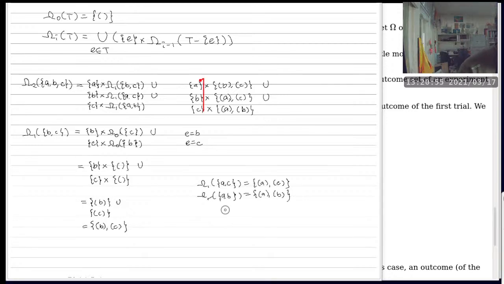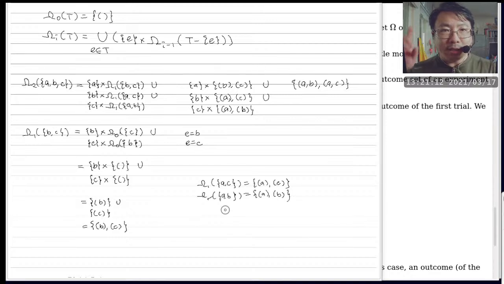So now we do the actual Cartesian product. So this one becomes AB, AC. Remember, we collapse nested tuples. Otherwise it would be A and then B would be in its own pair of parentheses.